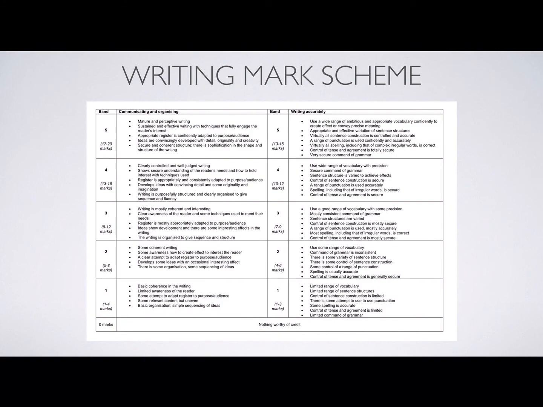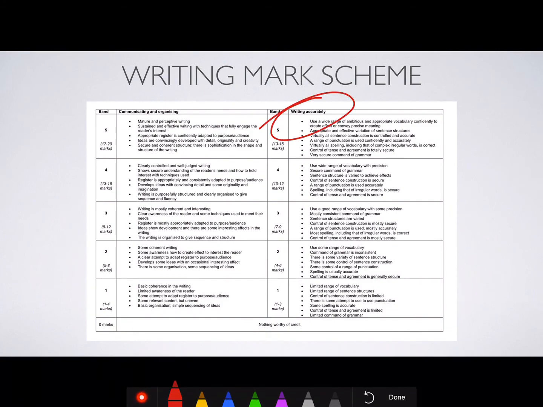So here's the writing mark scheme, and we're going to be focusing today on this idea of writing accurately. As you can see, the marks are not equally weighted, but if you don't have this stuff right, then you can't hit a lot of the criteria in these sections.